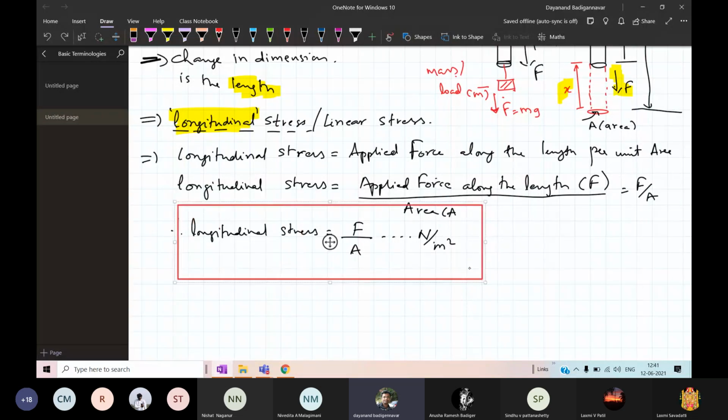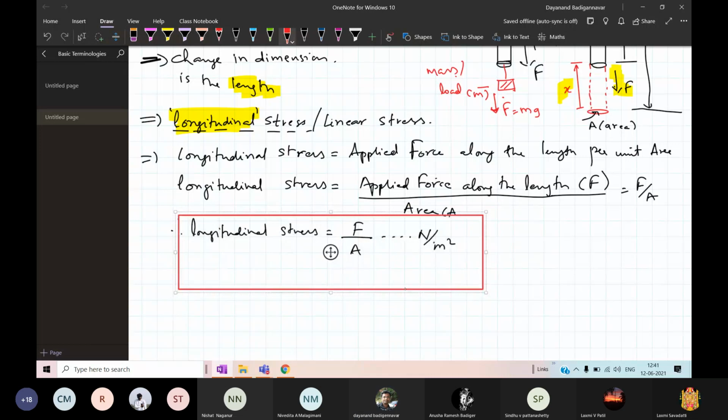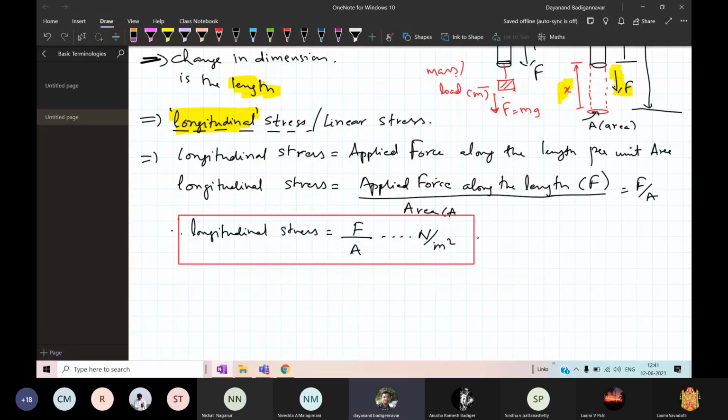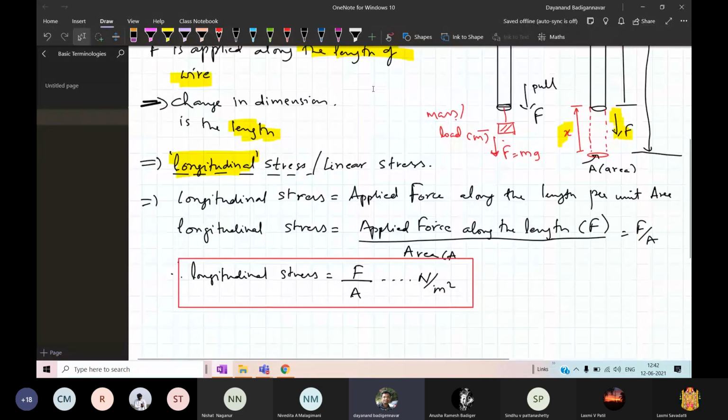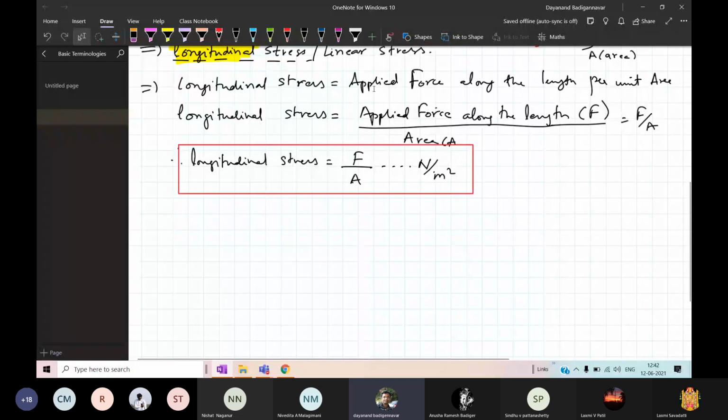This is the first type of stress, longitudinal stress or linear stress, because it is along the length. When you apply the force along the length, you get the first type of stress, known as the longitudinal stress.